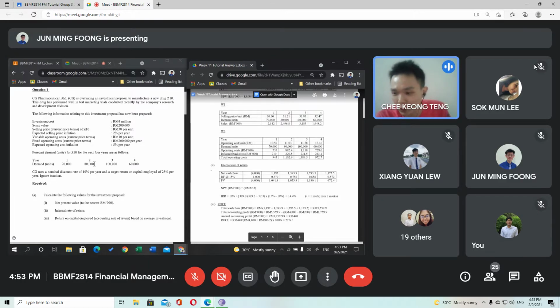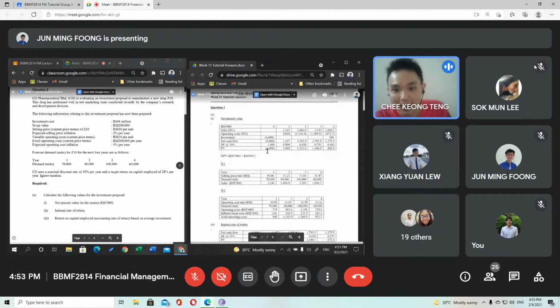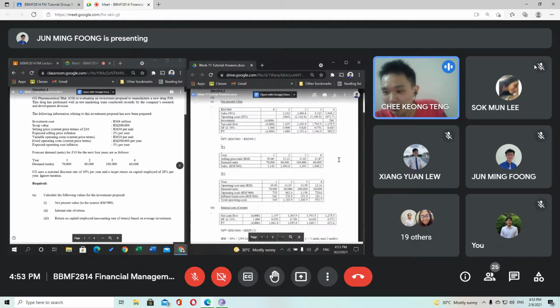Usually with these kinds of questions, when you are calculating NPV, can you show me the answer of A1 again, above the answer? Okay, right. So usually when we are calculating NPV, definitely we have one discount rate and the NPV value already. Like this one, we are using 10%.